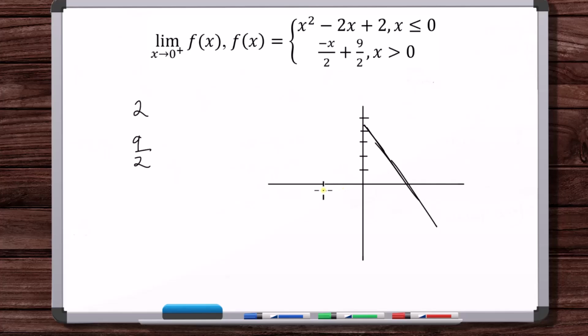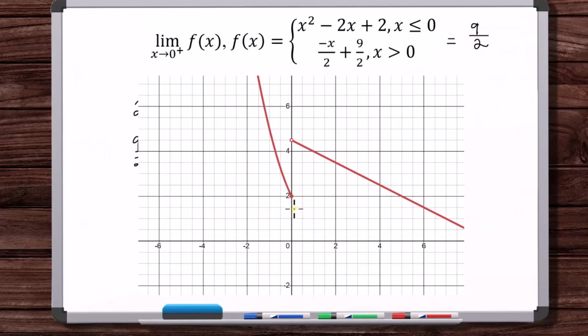And then here you've got this upward facing parabola. And then you would have an open circle here and a closed circle here. And so, as x approaches 0 from above 0, the function is approaching this value, which is the 9/2. So this is equal to 9/2.